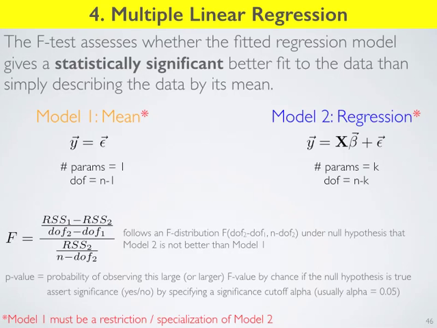The p-value is the probability of observing the particular F value that MATLAB spits out under the null hypothesis that the data is just described by its mean. Again, if that is less than 5%, we say okay, our linear regression model is good. If it's greater than 5%, it could have just happened by chance, and we say we don't have much confidence in our linear regression model.